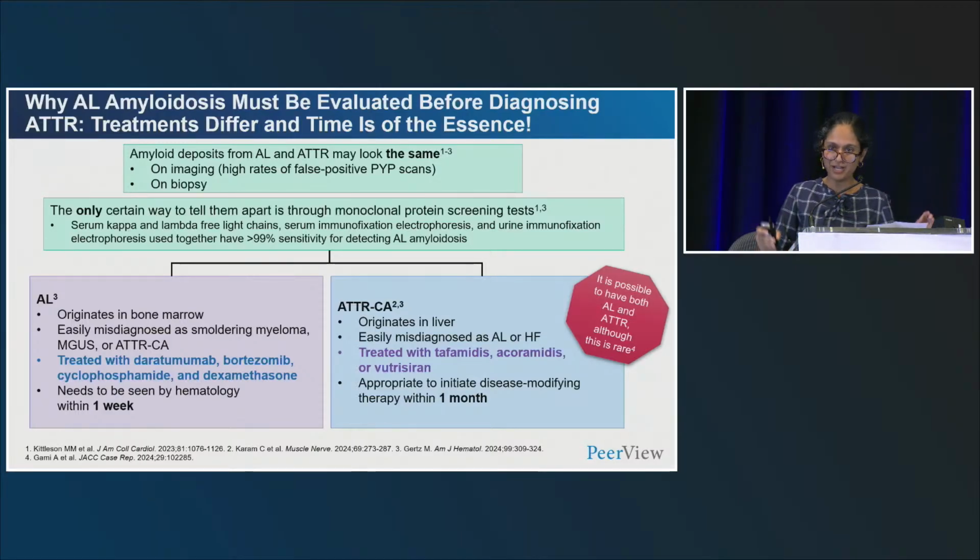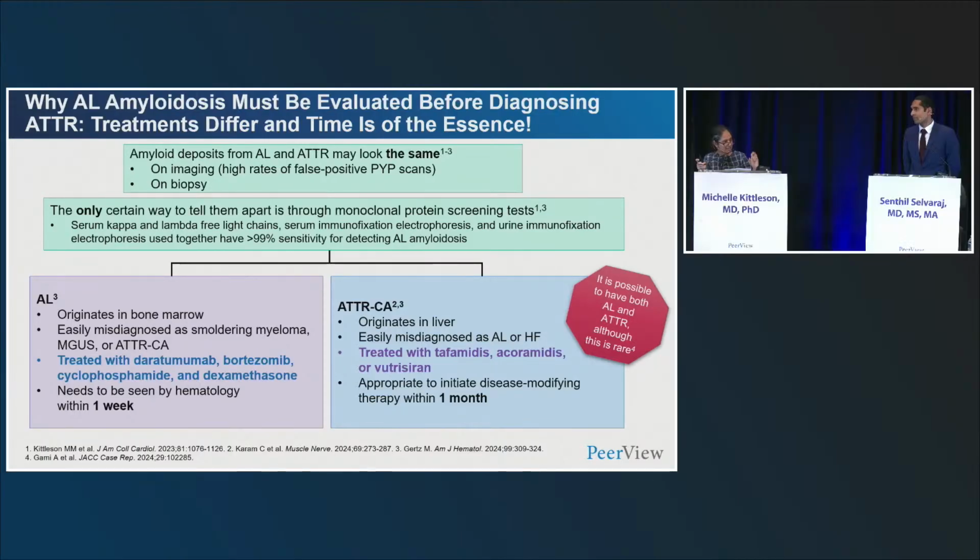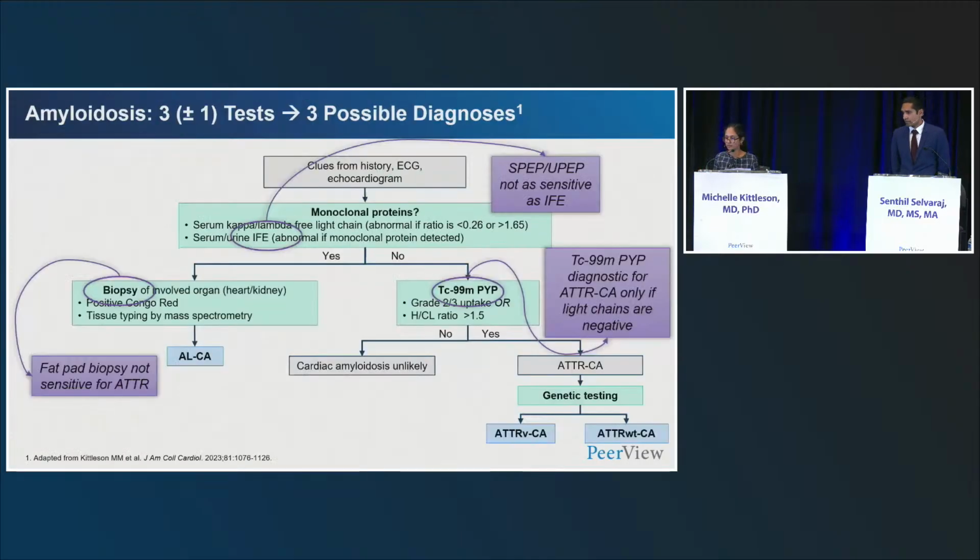Because say you see a patient, and you're like, I'm going to do this scan on you because it's easy, and now the scan is positive, and look, I've diagnosed you, and I'm going to give you a medicine, but they actually had AL. What's the median survival of untreated AL cardiac amyloidosis? Don't worry, I won't call on anyone, I'll tell you. It's less than a year. So you would never want to miss that diagnosis. In fact, to a cardiologist, it's a medical emergency.